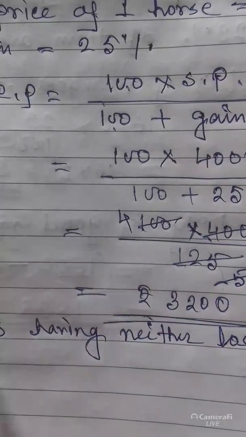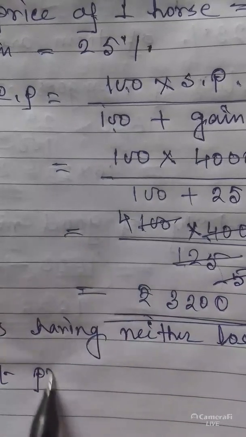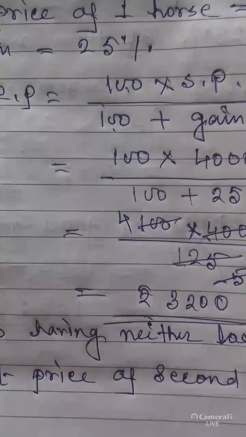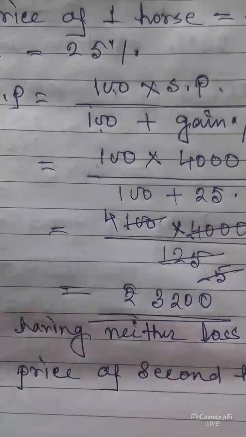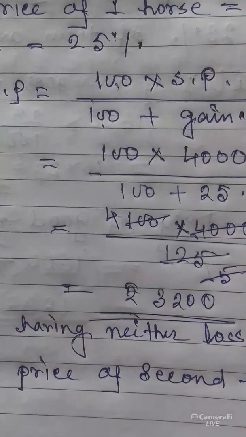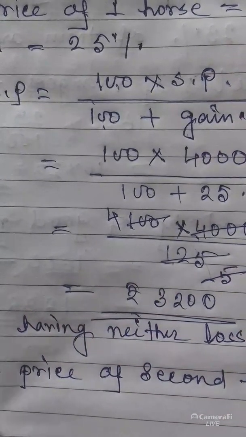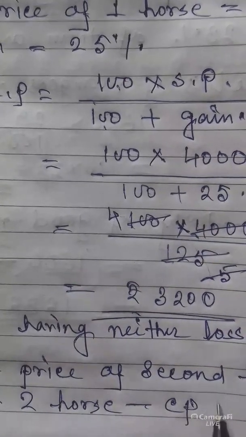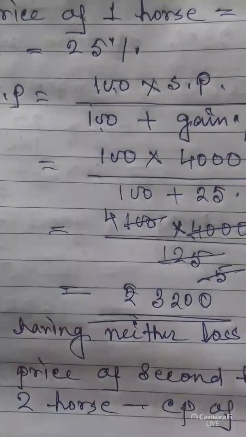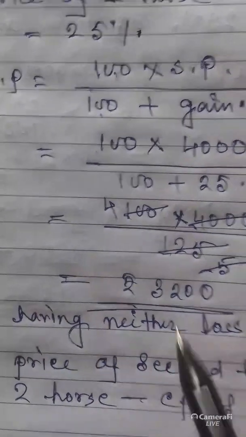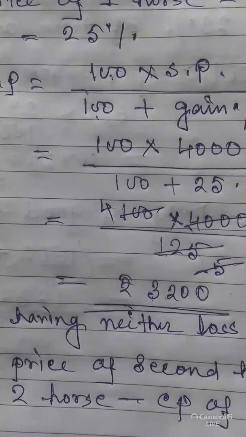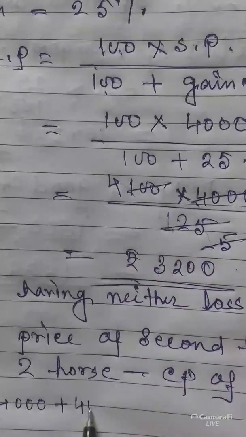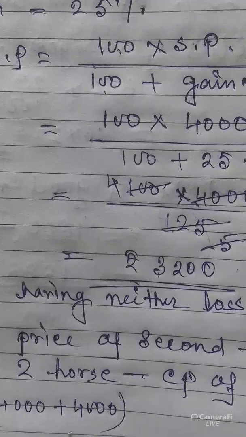Therefore, the cost price of the second horse equals the SP of two horses minus the CP of one horse. We have already found the CP of one horse, 3,200, and the SP of two horses is 4,000 plus 4,000, since one horse SP is 4,000.